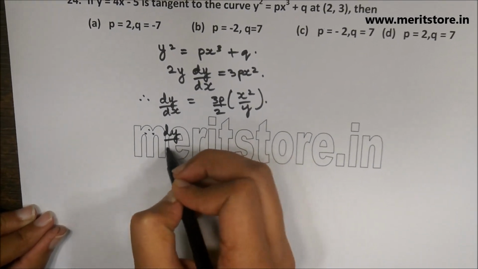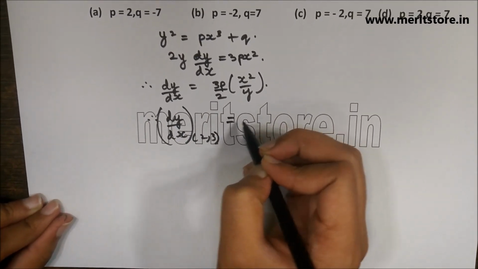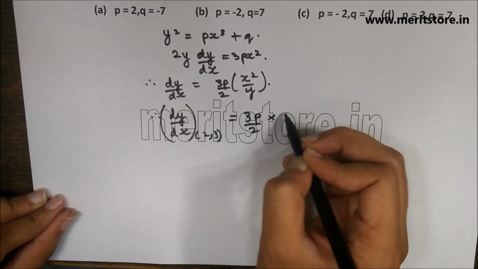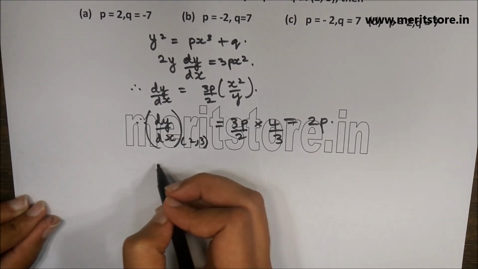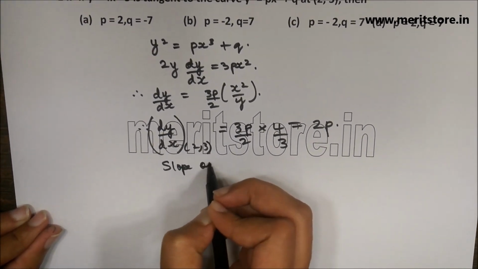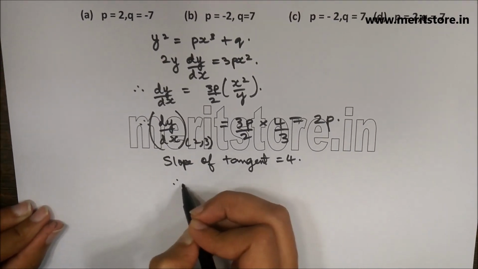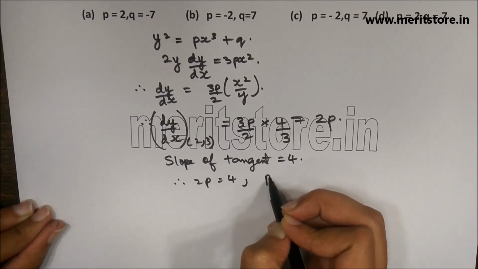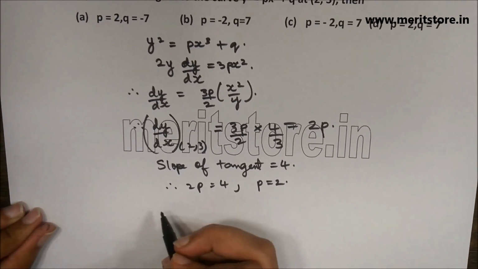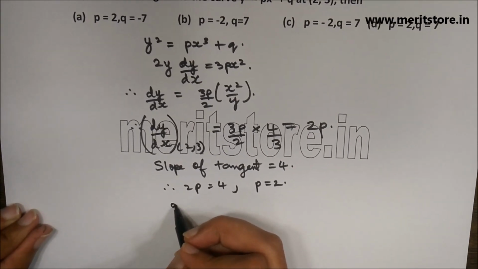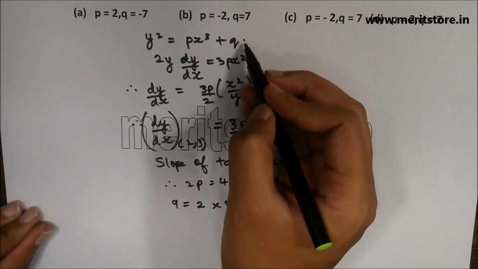Therefore, dy by dx at coordinate (2, 3) is equal to 3p by 2 into 4 by 3, which is equal to 2p. For the given line, the slope of the tangent is equal to 4. Therefore, 2p is equal to 4, p is equal to 2. Substituting this value in equation 1, 9 is equal to 2 into 8 plus q.